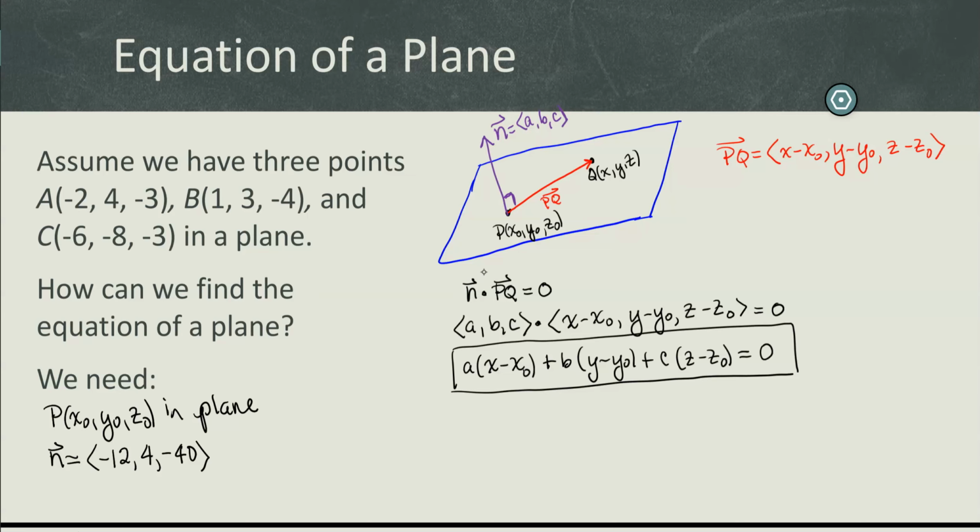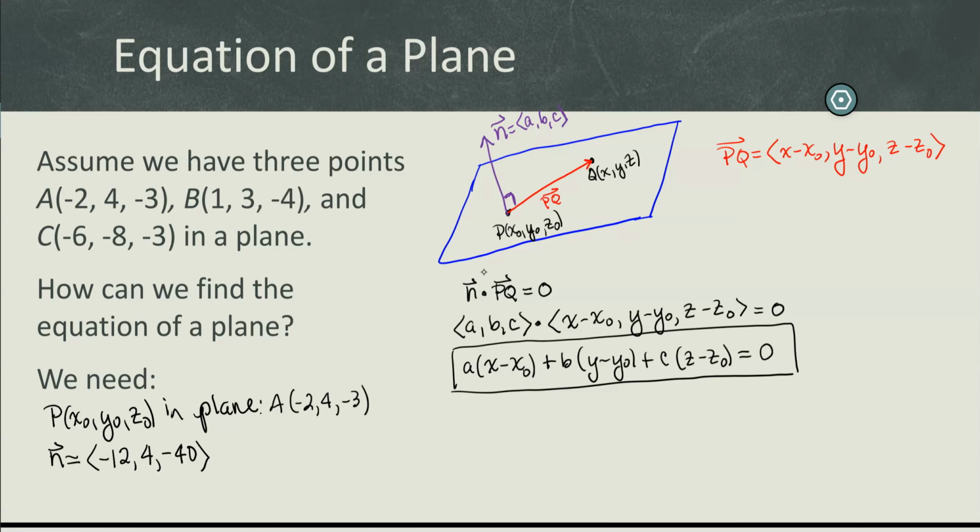Now I can go ahead and write the equation of the plane that I have here that contains points A, B, and C. For the point in the plane, let's simply use A. So we're going to use the point in the plane as -2, 4, -3.